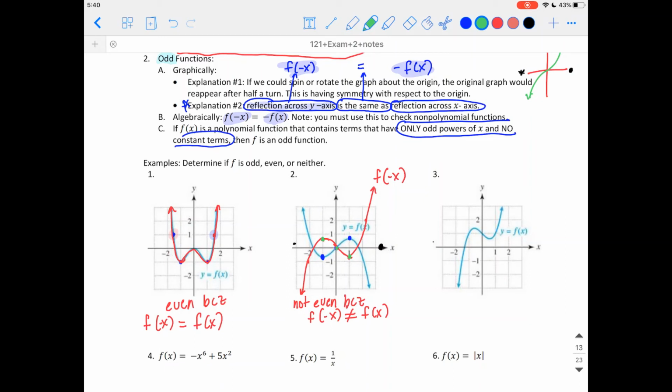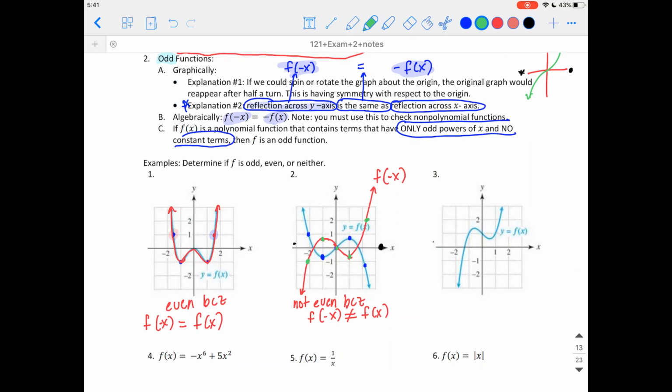If I reflect this point across the x-axis, it's going to stay right there. And if I reflect this point right here, it's going to end up right here. And if I reflect this point right here, I'm going to end up right here.